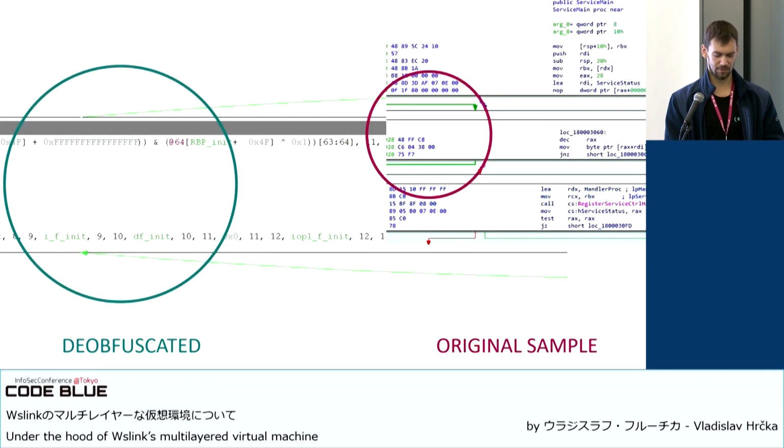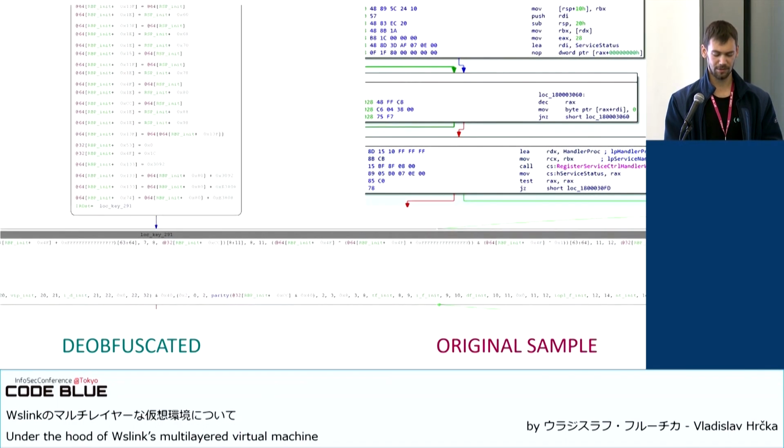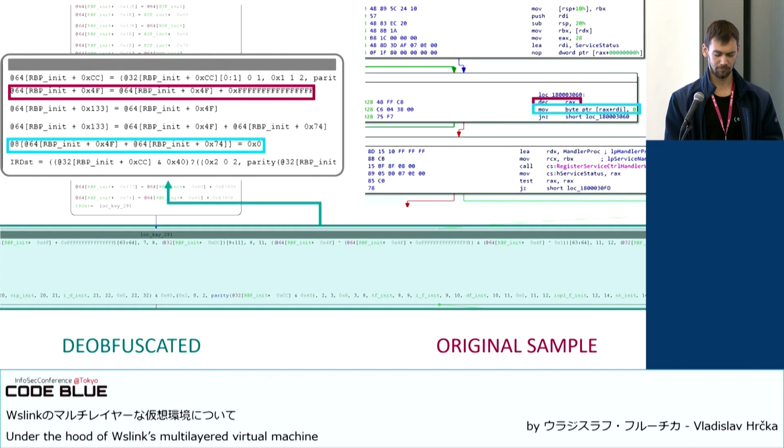Now we see that in both there's a loop, and if we inspect the body, we see that a register is being decreased, and then we set a memory value based on the decreased register to 0, and it happens in both pictures.